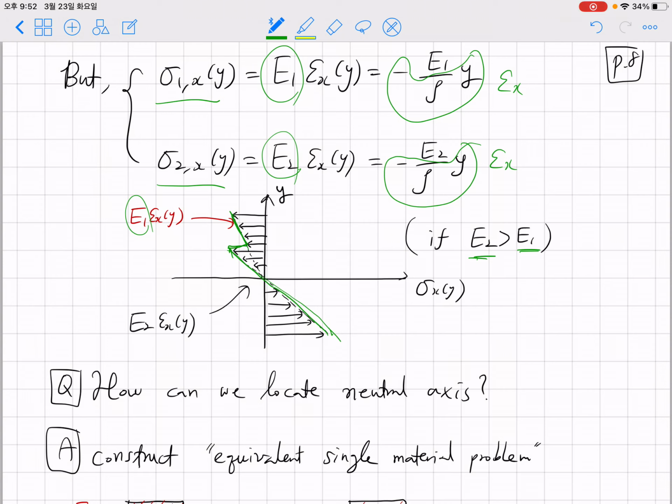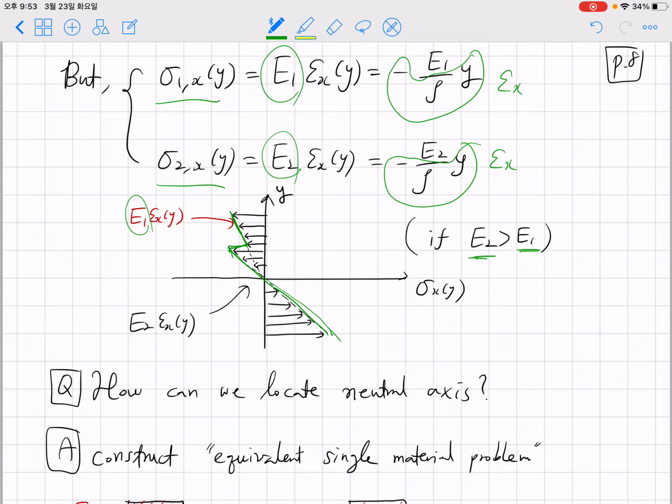Okay, so this is how we approach the problem when we have the information about the neutral axis location. However, if we don't have it, we cannot say that the neutral axis goes through the centroid, because the materials have two different Young's moduli, and we cannot apply the knowledge we developed in previous discussions.